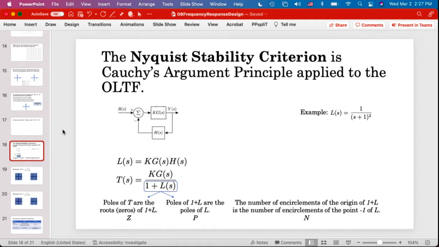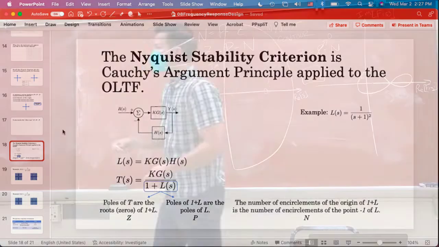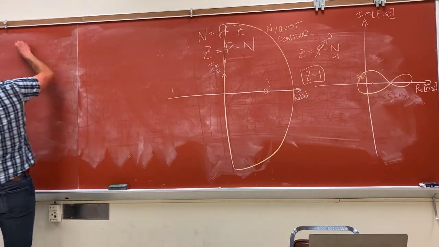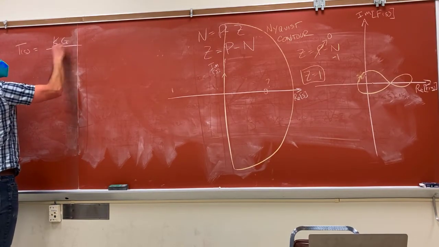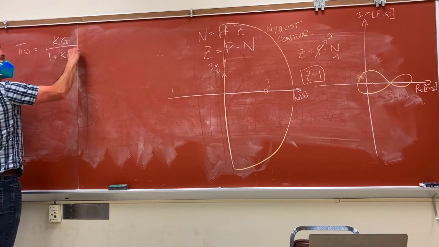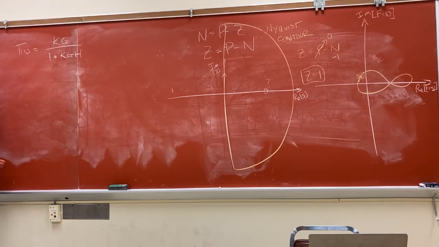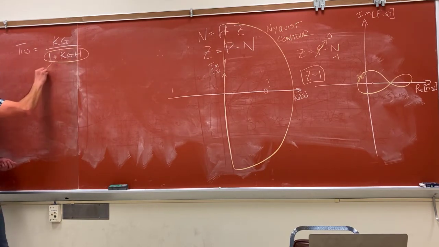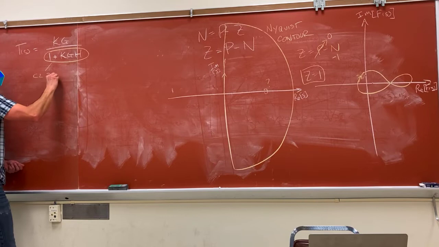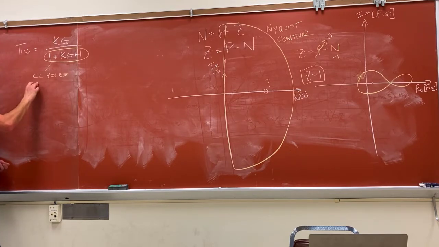This is all review. Everyone is comfortable with this, I think. And so this is what I was getting at the end of Monday's lecture. If I look at the denominator of the closed loop transfer function, the closed loop poles are those s's that make this 0.